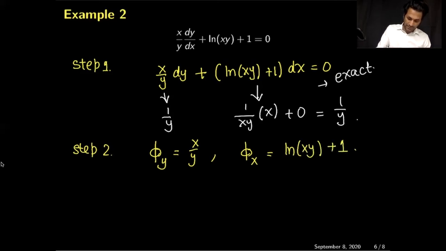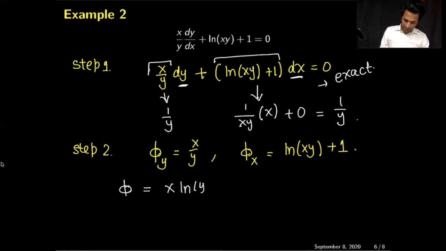It is simply the partial derivative with respect to y, because the coefficient of dy is phi y, and the partial derivative with respect to x of the coefficient of dx is phi x. First I will solve this. I will integrate both sides with respect to y. If I integrate, I get x times natural log of y, because the integration of 1 over y is natural log of y, plus a function of x, h of x.